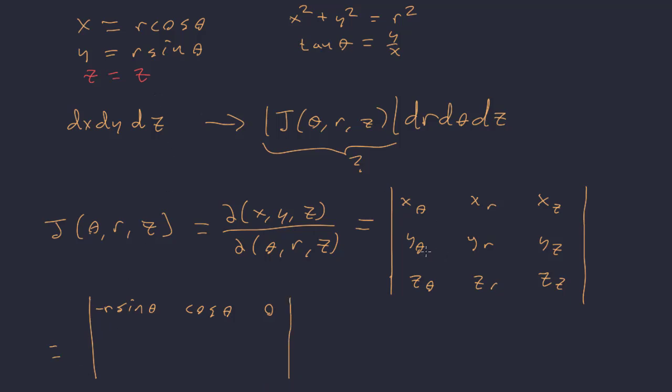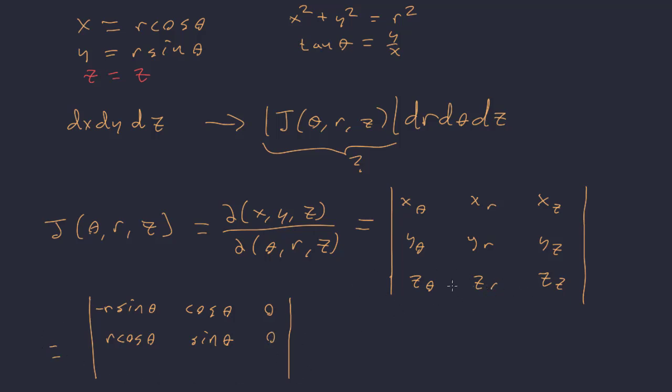Okay, then y with respect to theta, that will be r cosine theta. Okay, y with respect to r, that will simply be sine theta. Then y with respect to z, well, once again, there's no z in the y formula, so its derivative with respect to z is 0.